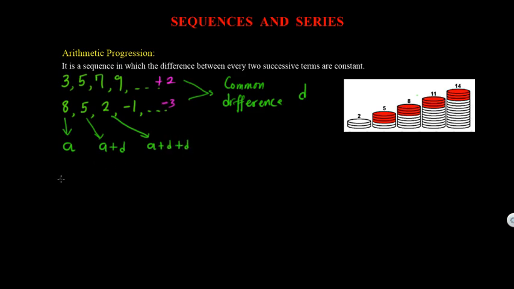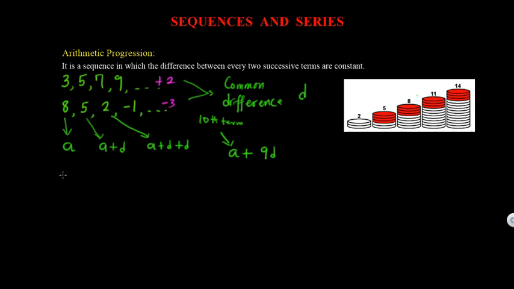So this is the third term, we have A plus 2D. Assuming we are going to the 10th term, we probably have A plus D in 9 places, because we remove 1D from 10 to give us 9. So A plus 9D.